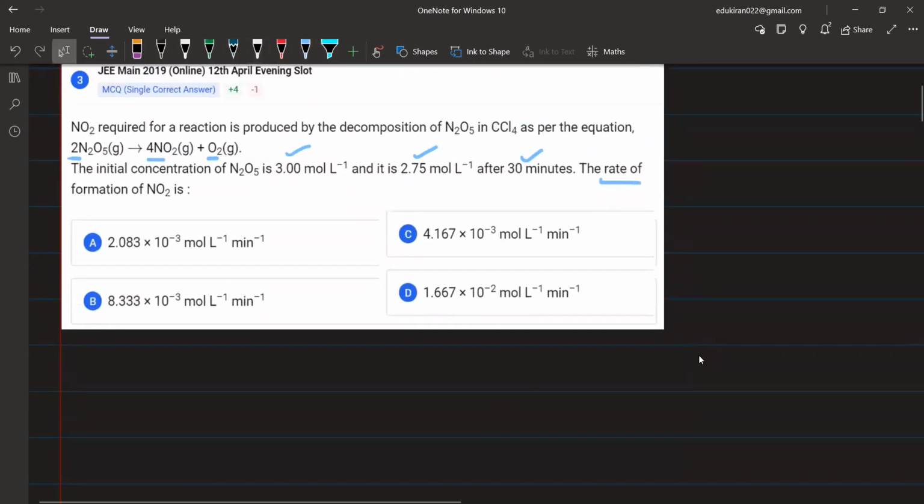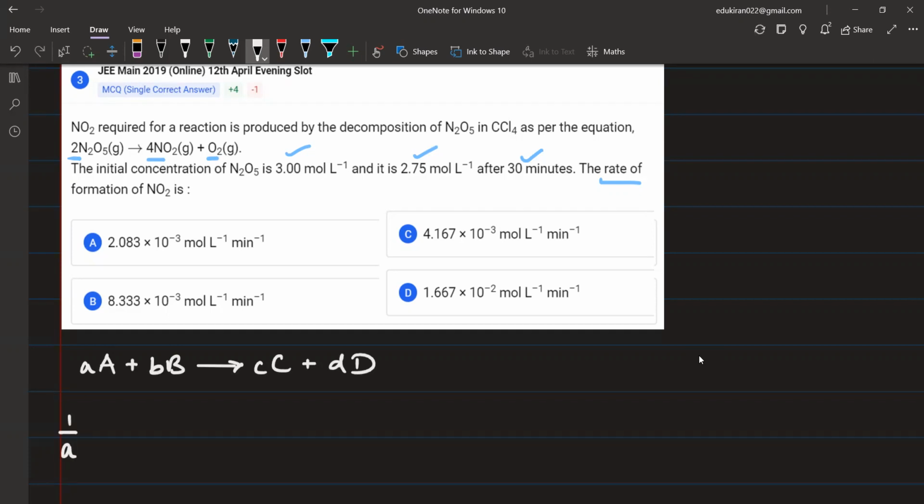For example, if I have a reaction aA plus bB giving me cC and dD, then I can write, first of all, 1 upon a minus change in the concentration of A divided by change in time.